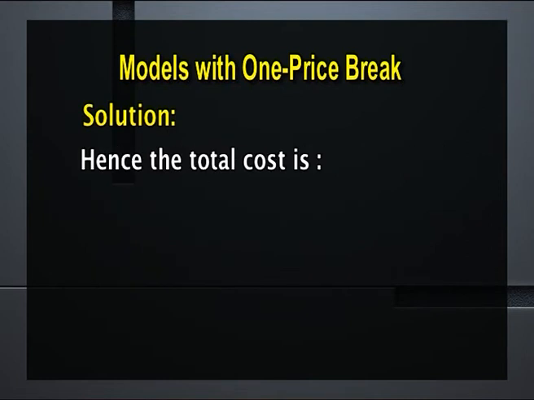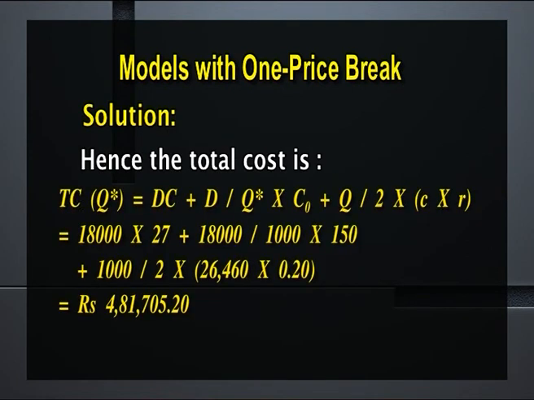Hence, the total cost is TC of Q star equal to D C plus D by Q star into C naught plus Q by 2 into C into R, equal to 18,000 into 27 plus 18,000 by 1000 into 150 plus 1000 by 2 into 26,460 into 0.20, equal to ₹4,81,705.20.